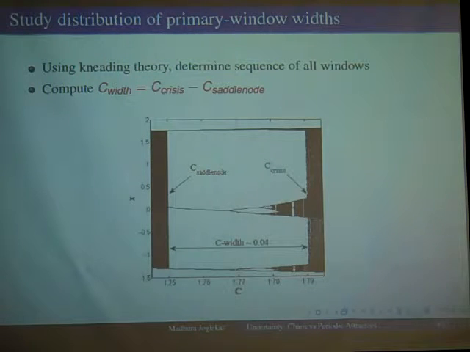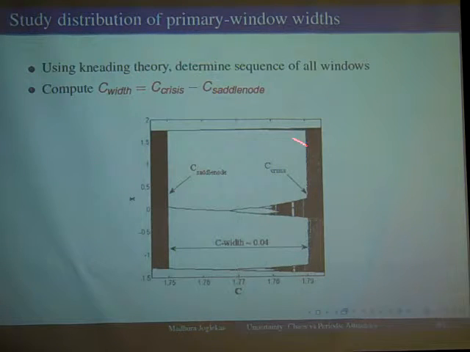So in order to study the fraction of epsilon uncertain C values, we decided to look at the distribution of the widths of primary windows, and we used the Milnor-Thurston kneading theory to determine the sequence in which various primary windows appear as the parameter of the system is increased.